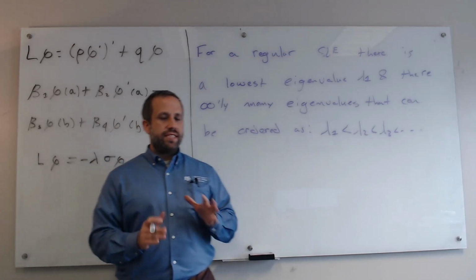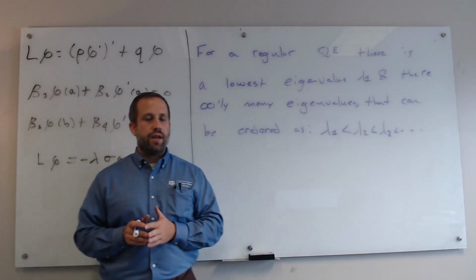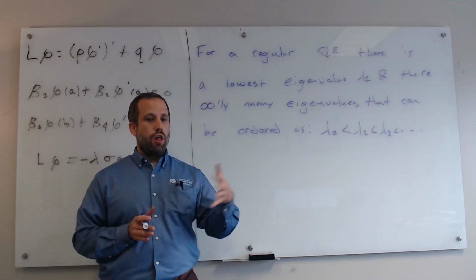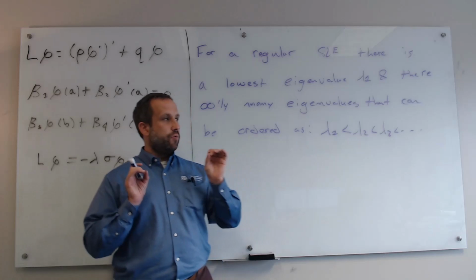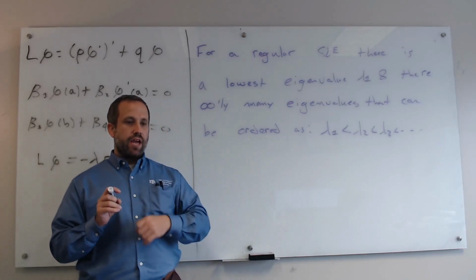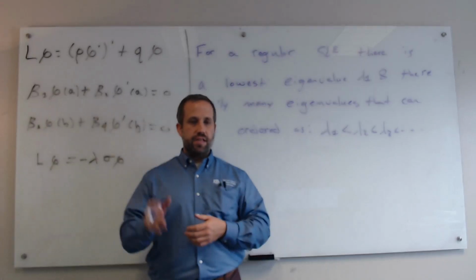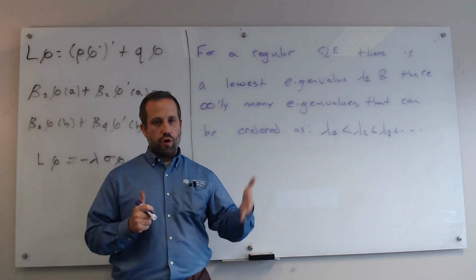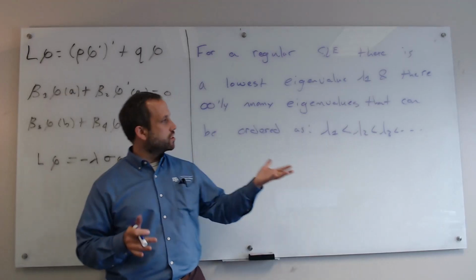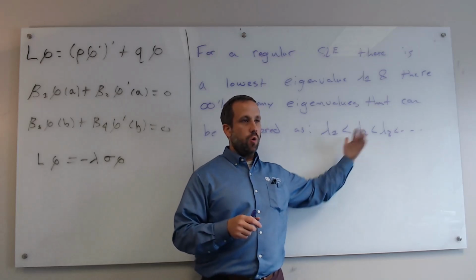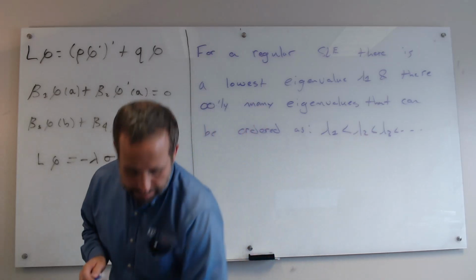In other words, we're not going to have a situation in which 0 is an eigenvalue and then the eigenvalues are of the form 1 over k, as k goes to infinity. It's not going to be 0, 1, 1/2, 1/3, 1/4, 1/5, and so on. So it's always going to be this discrete space between each eigenvalue, and we can order them in this way.